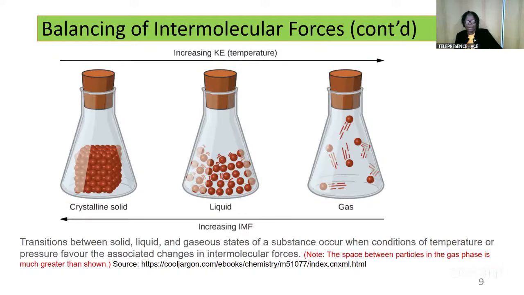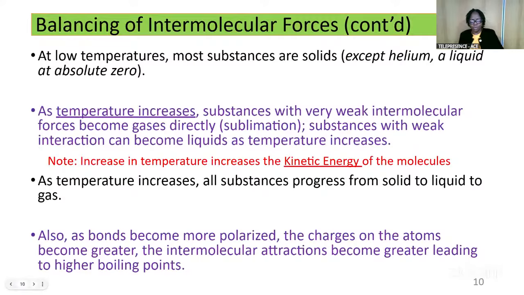I'm sure you quite agree with that. So those two factors, temperature and pressure, also play a significant role in determining the kinetic energy of the substance, and also in determining the states in which a substance will exist.